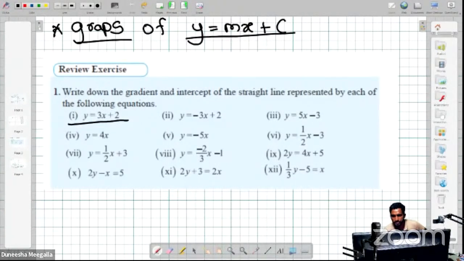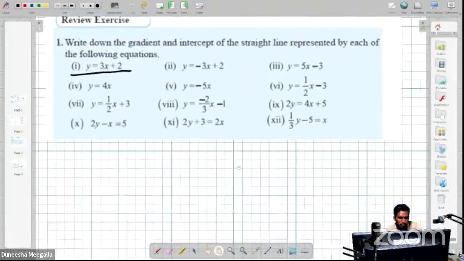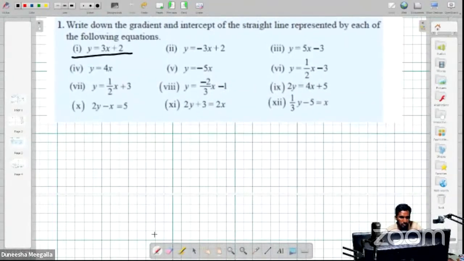If you finish, raise your hand. Now let us discuss the first one again. What is m for the first one? Here it is 3, and the intercept is 2.